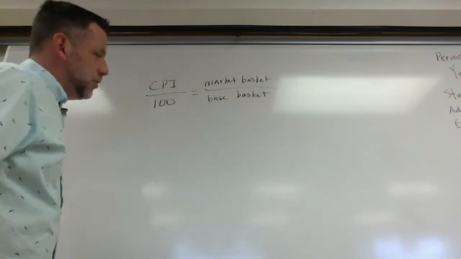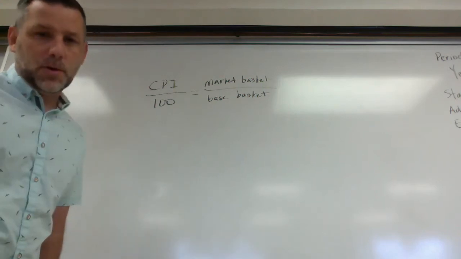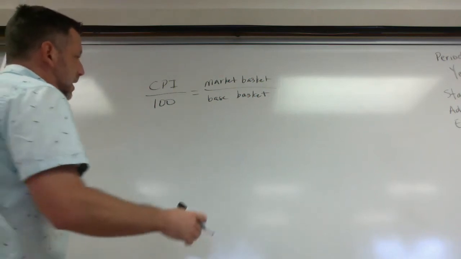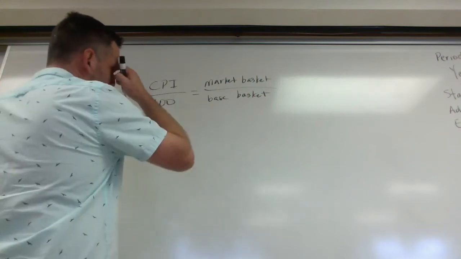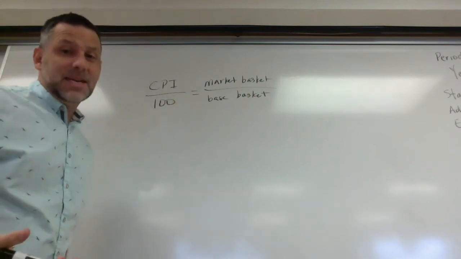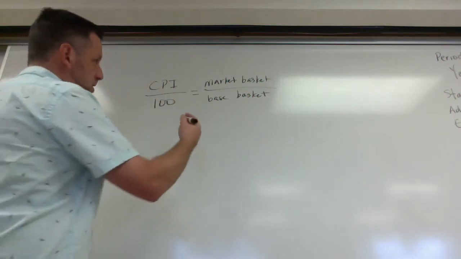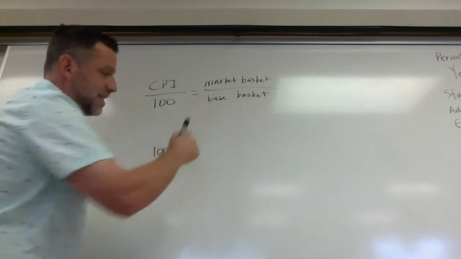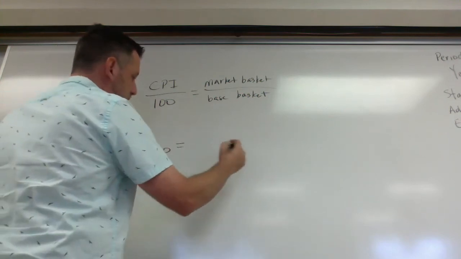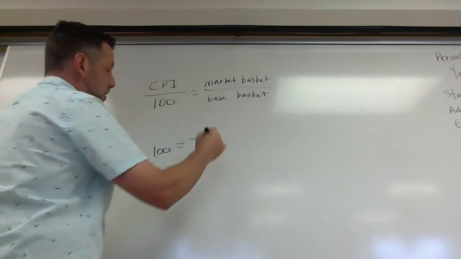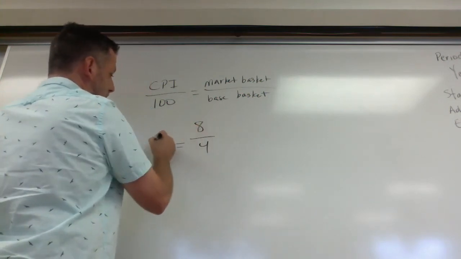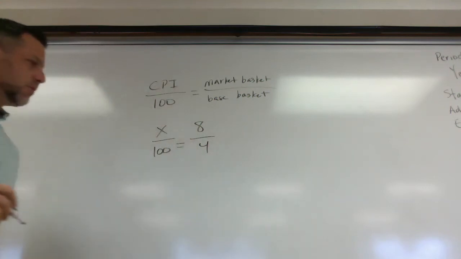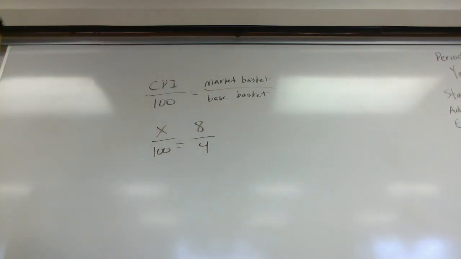So going back to our original example, where 1996 was our base year, I'd have 100 equals my 1996 basket was 4, my current basket was 8, and then my CPI number is what we would be trying to figure out, right?